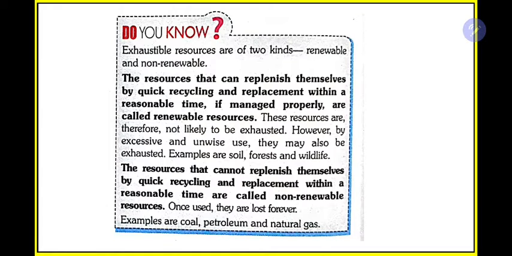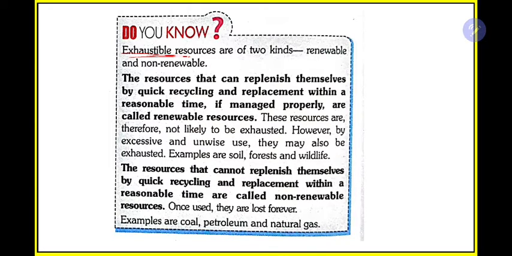So one extra point we'll learn over here: exhaustible natural resources are of two types. One is renewable, another one is non-renewable. Exhaustible means those whose source is limited, and it is of two types. One is renewable, that means you can renew it, and another one is non-renewable. So what is renewable?